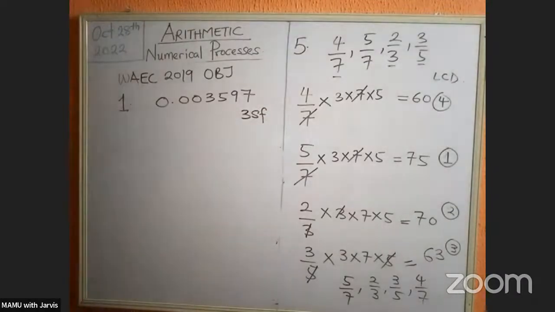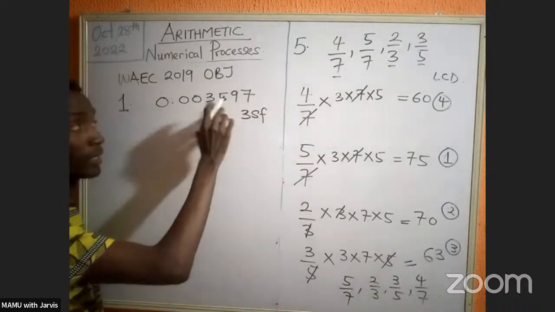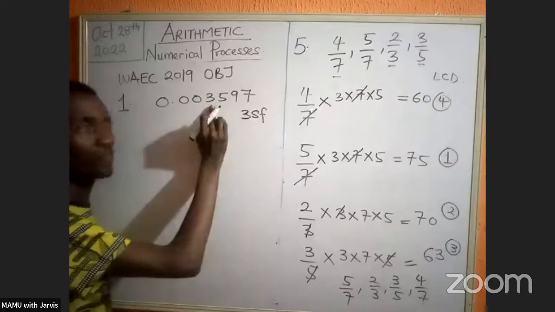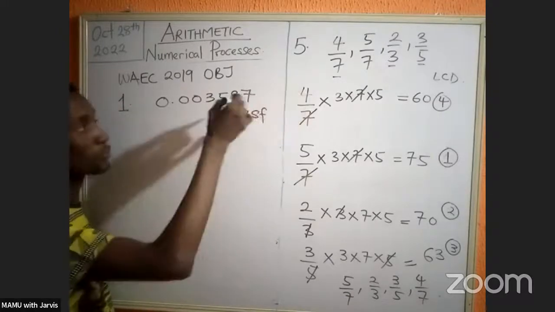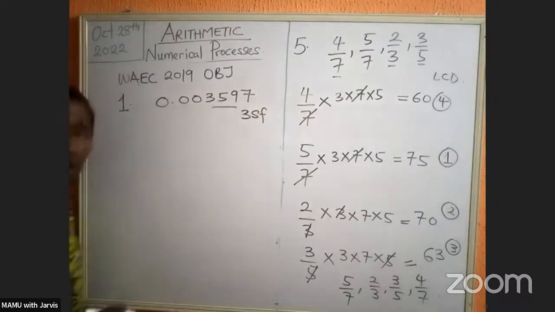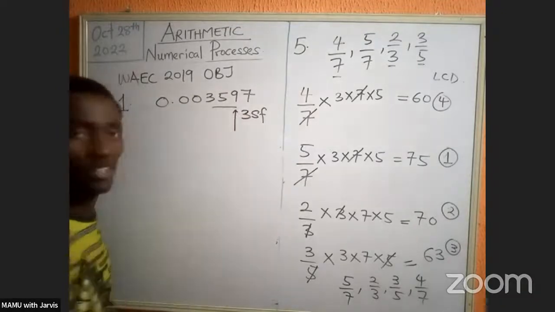Remember we said for a pure decimal, your first non-zero digit is your first significant digit. So you count 1, towards your right, 2, and 3. So it means that these are the digits I'm going to be considering. The last digit is what I call the digit of interest.